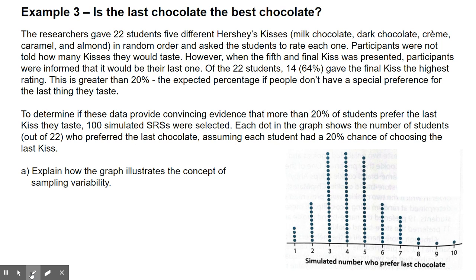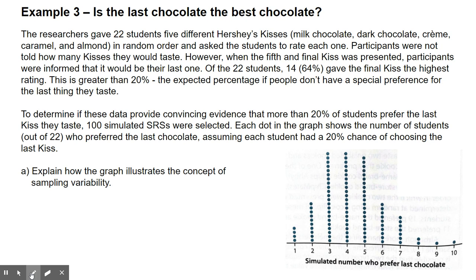Participants were not told how many kisses they would taste. However, when the 5th and final kiss was presented, participants were informed that it would be their last one. Of the 22 students, 14, or 64%, gave the final kiss the highest rating. This is greater than 20%, the expected percentage if people don't have a special preference for the last thing they taste.